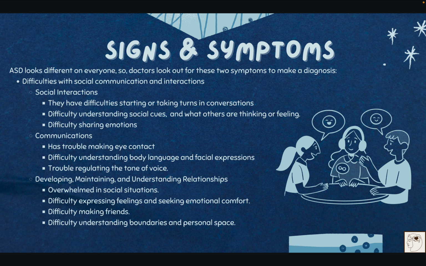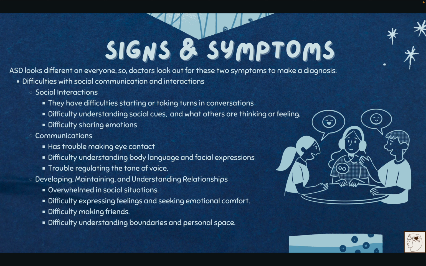For communications, they usually have trouble making eye contact or trouble understanding body language and facial expressions. And they have trouble regulating the tone of their voice. So sometimes you would notice they have a monotone voice rather than showing expression or emotion with their voice.